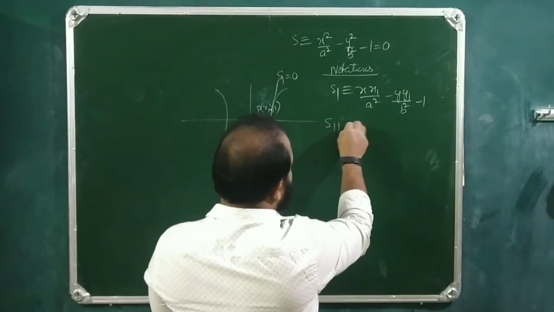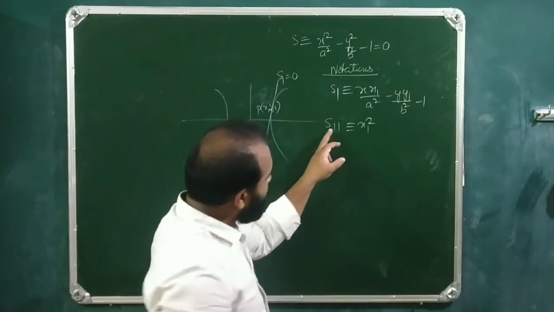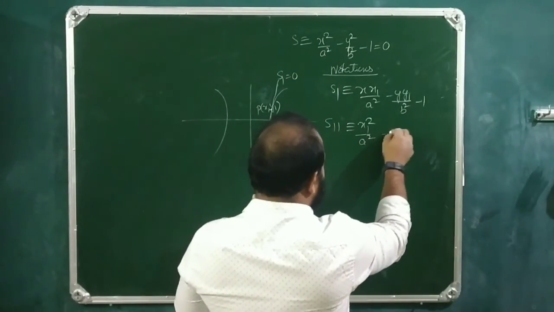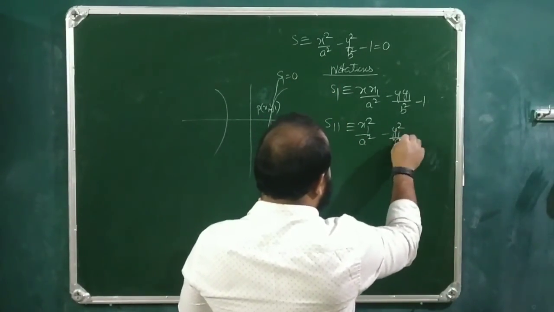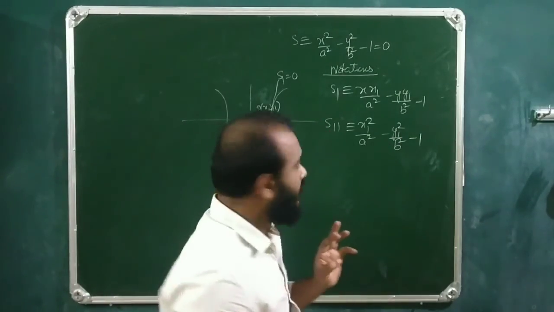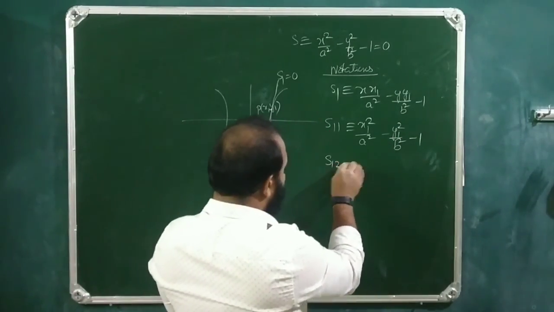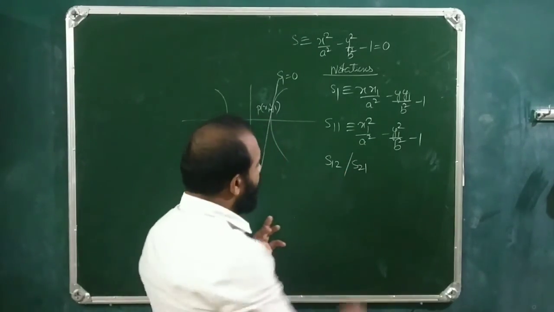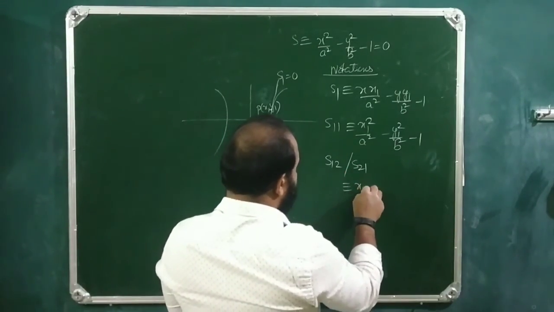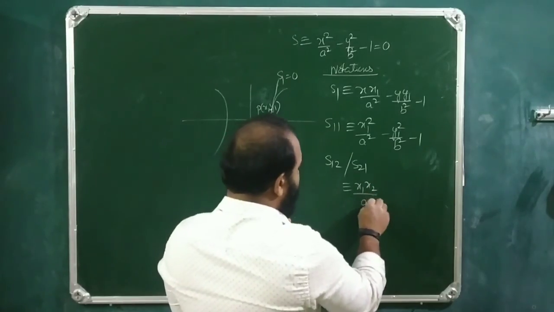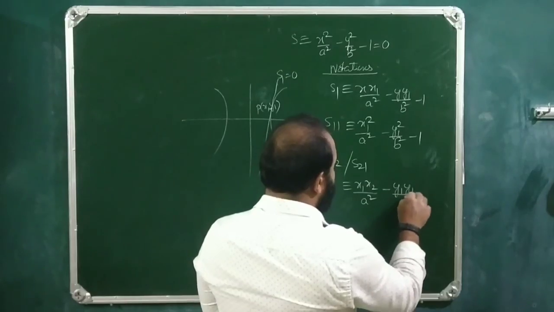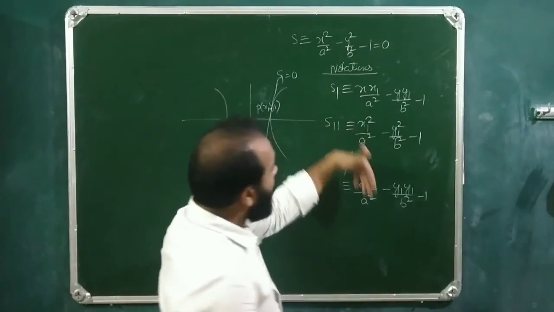S11 is simply substituting the point x1, y1 in this: x1 square by a square minus y1 square by b square minus 1. S12 or S21, both are equal. So this is x1x2 by a square minus y1y2 by b square minus 1. So these are all the notations.